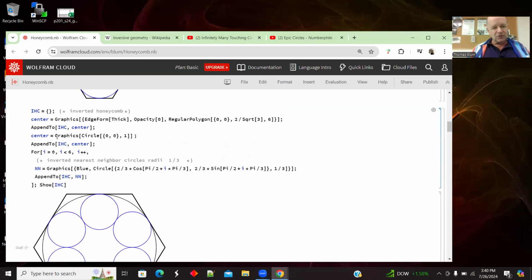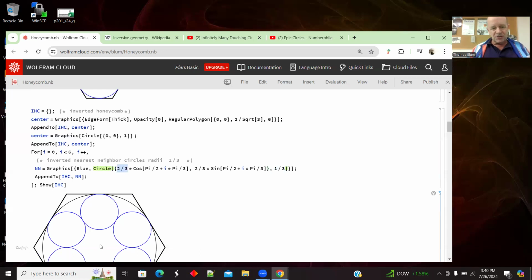So here I have my original circle and original hexagon, and now I'm doing the inverted ones, and they had a radius of 1/3. That's one of the features of these inverted circles, that the radii are these nice fractions.